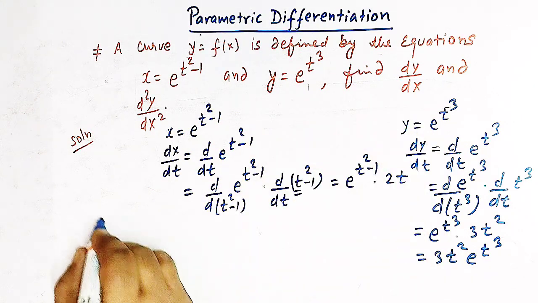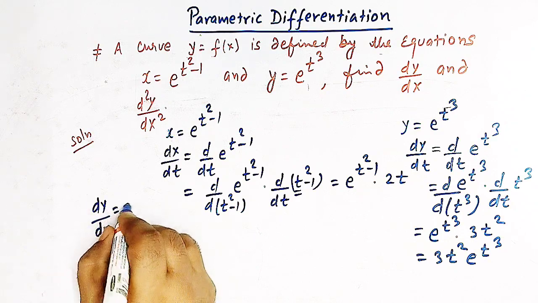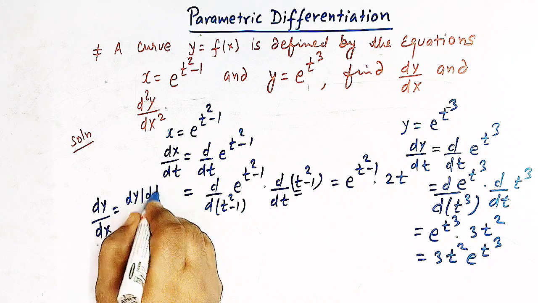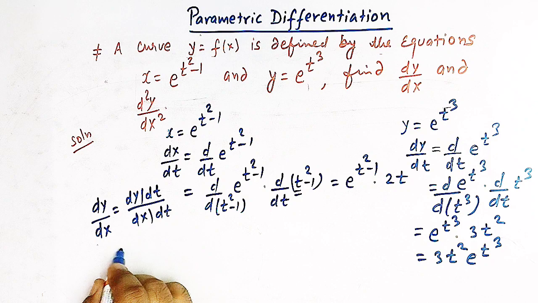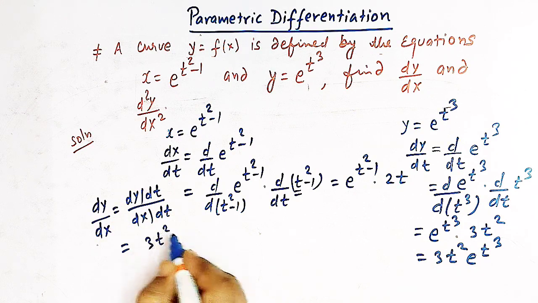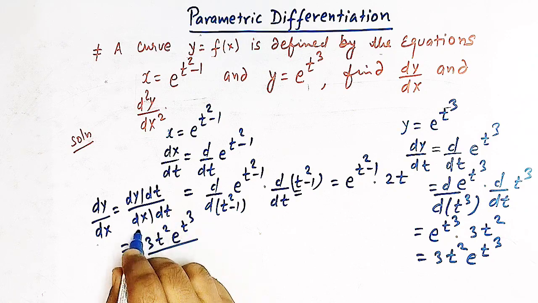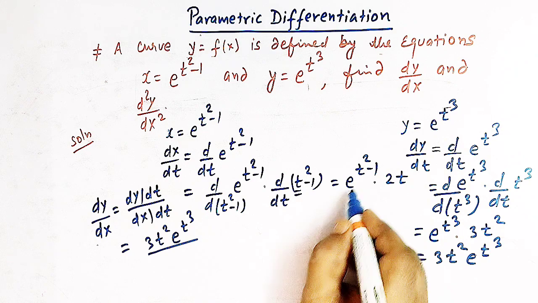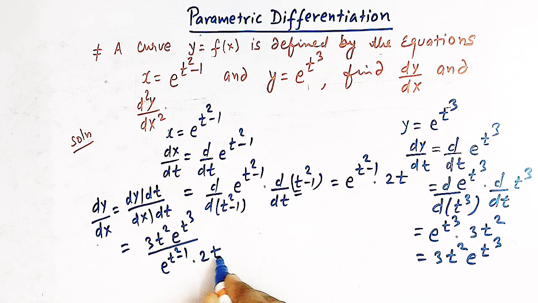Okay. So now the derivative dy over dx is given by dy over dt divided by dx over dt. So dy over dt is 3t square e raised to t cube, and dx over dt is given by e raised to (t square minus 1) times 2t, right?